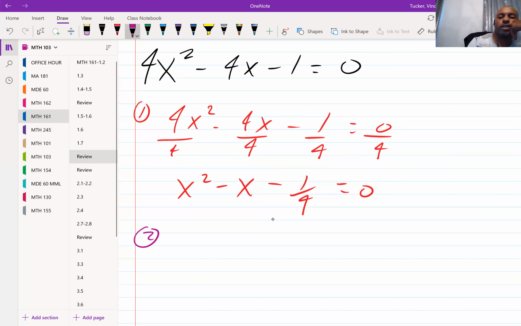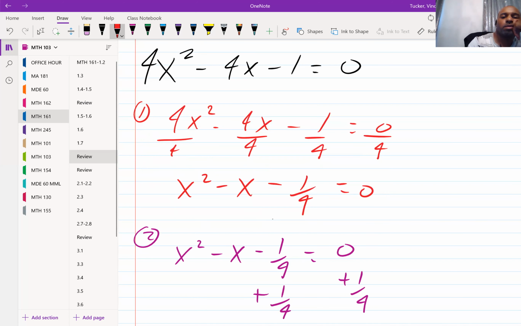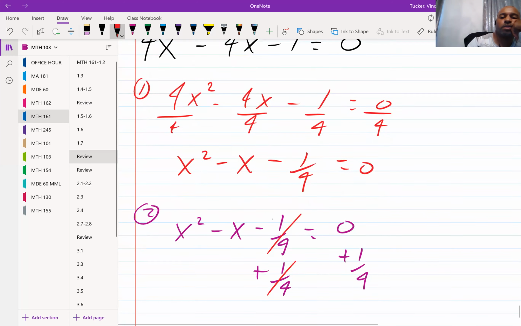So next step, we want to isolate the constant. So we're going to add 1/4 to both sides.